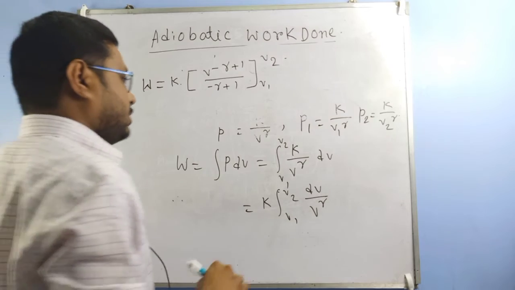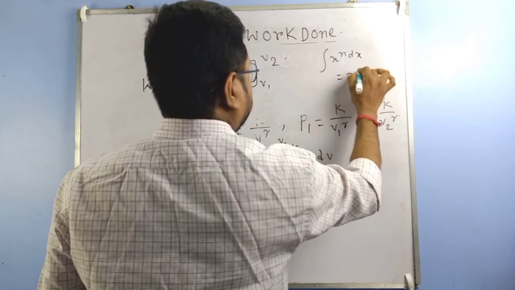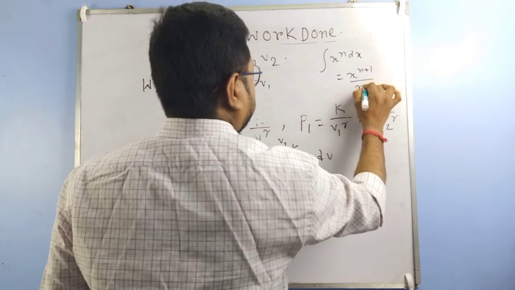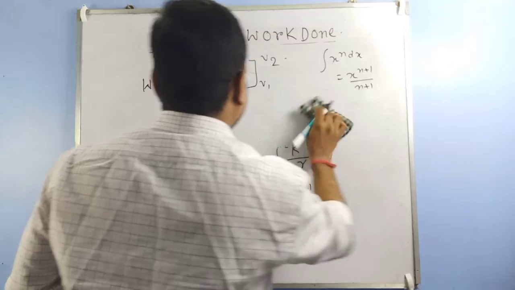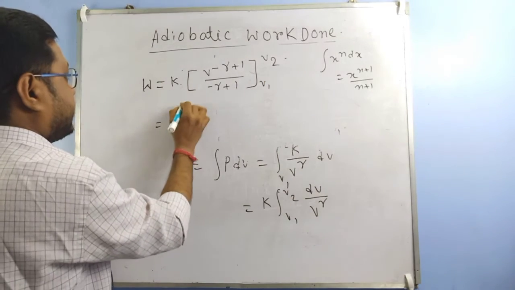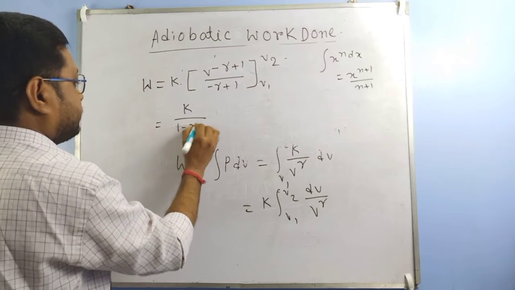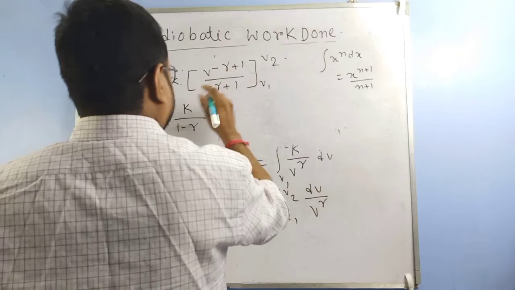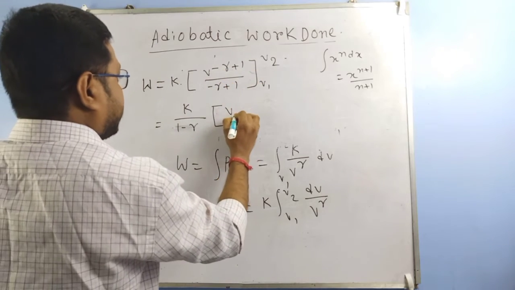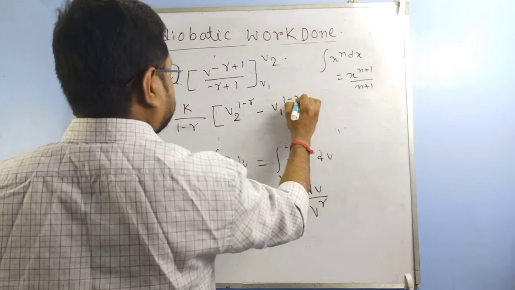Integration x to the power n dx gives x to the power n plus 1 by n plus 1. So we get K by 1 minus gamma times V2 to the power 1 minus gamma minus V1 to the power 1 minus gamma.